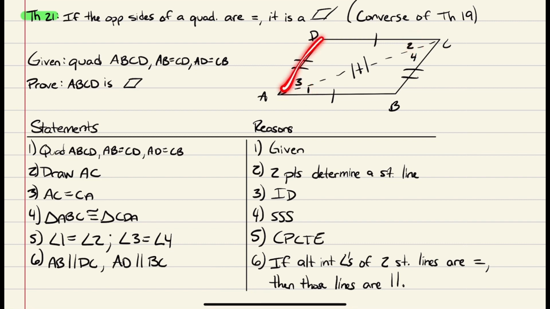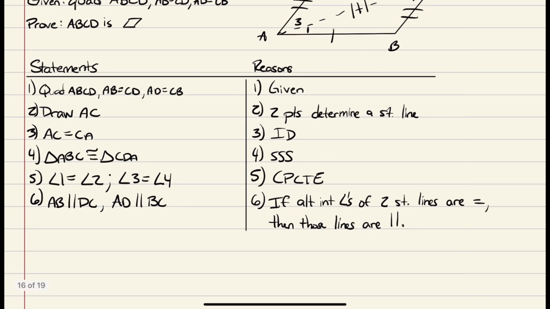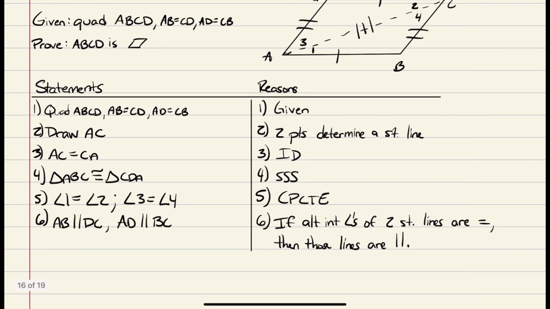And with these lines, if they are cut by a transversal and they form alternate interior angles that are equal to each other, that does mean that they are parallel. And so if the opposite sides of this quadrilateral are parallel, that means that this quadrilateral is a parallelogram.